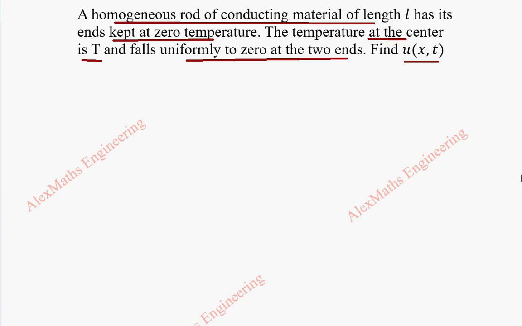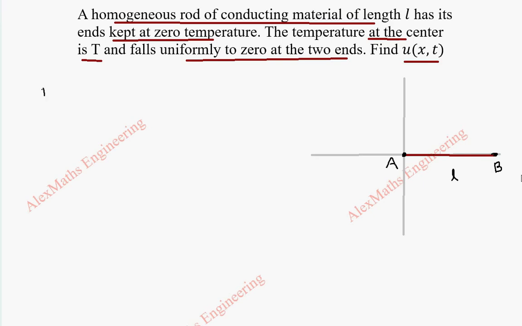We have a small diagram, that is we have horizontal axis and vertical axis. In horizontal axis it is the distance x, so there is a rod of length L. So let's take this as end A and this as another end B. The entire length is L and both the ends are kept at 0 degree centigrade.